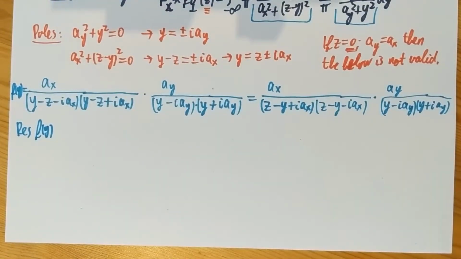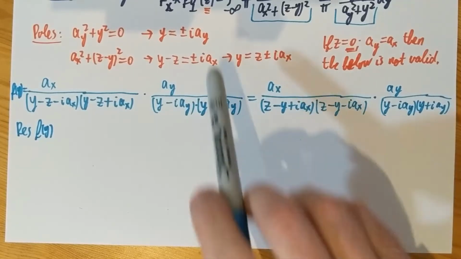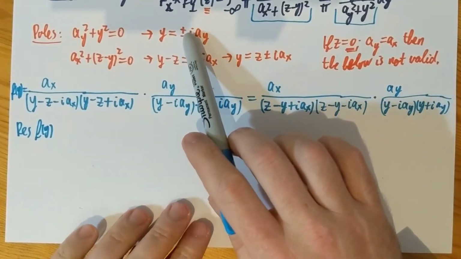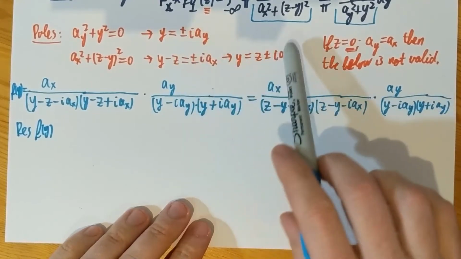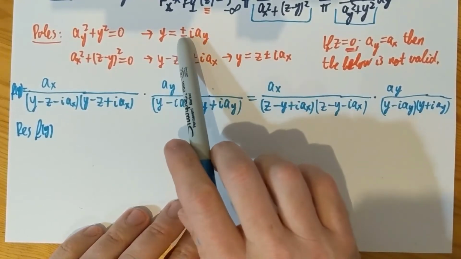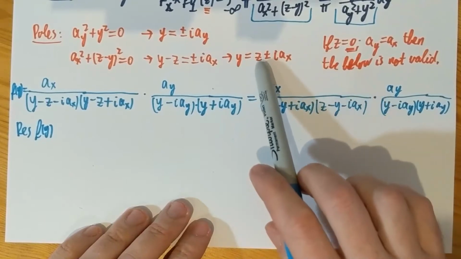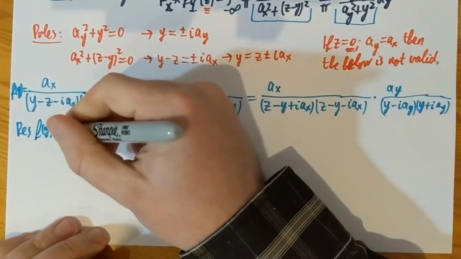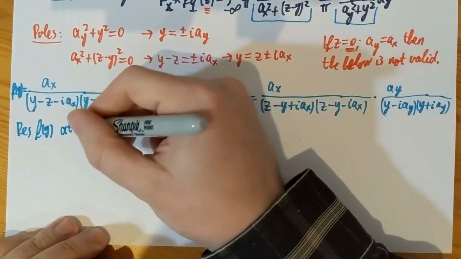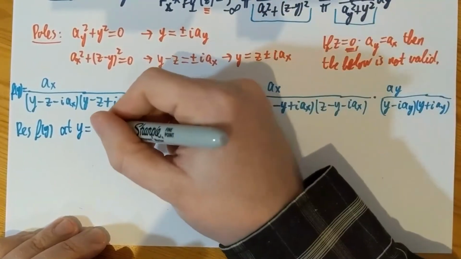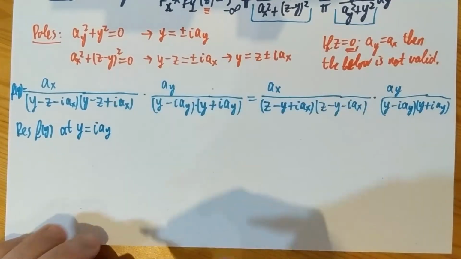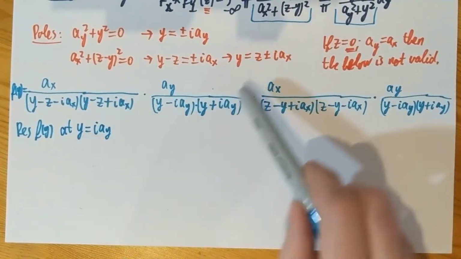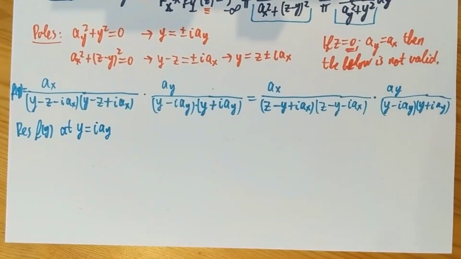Now, in fact, I am only going to consider, and we'll come back to this a bit later, the poles at the positive imaginary bits, so positive IAY and positive Z plus IAX. So at y equals IAY, and I'm also going to do that at y equals Z plus IAX. You'll see later on why I'm only doing that.